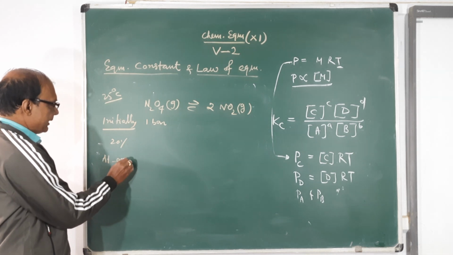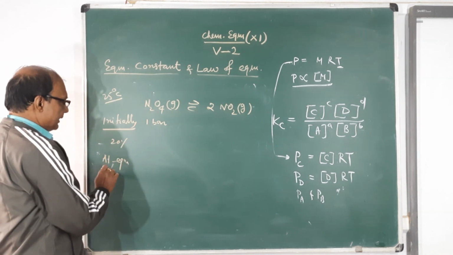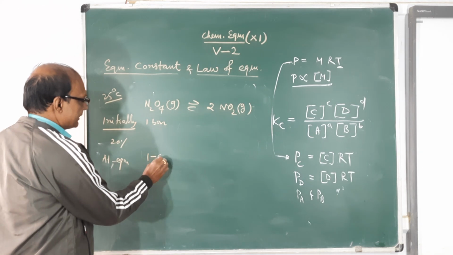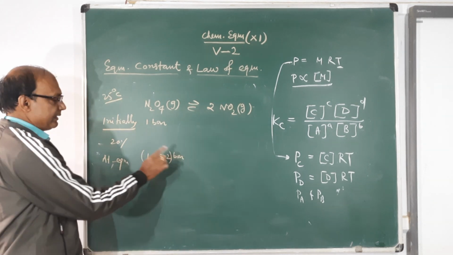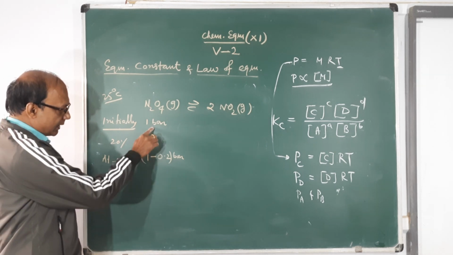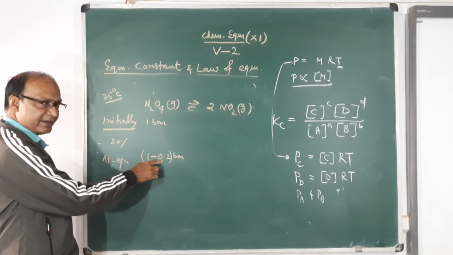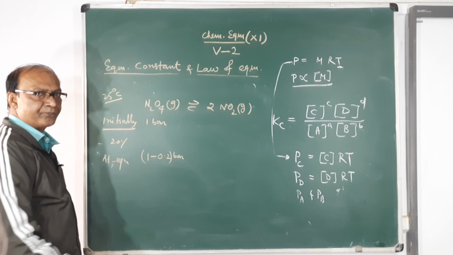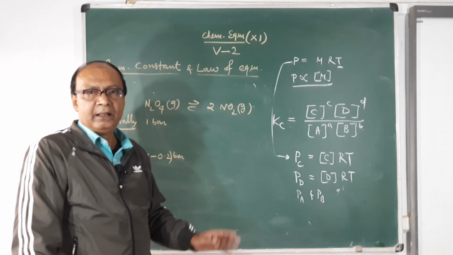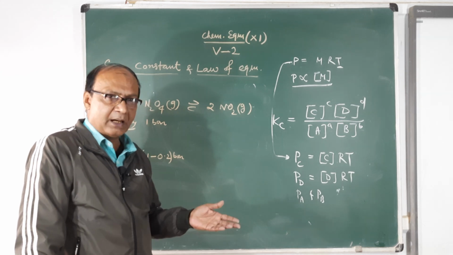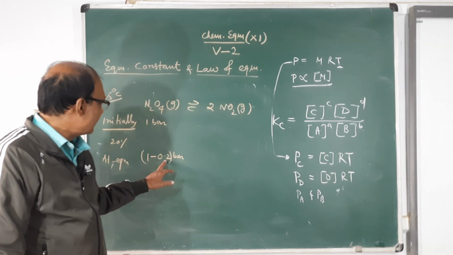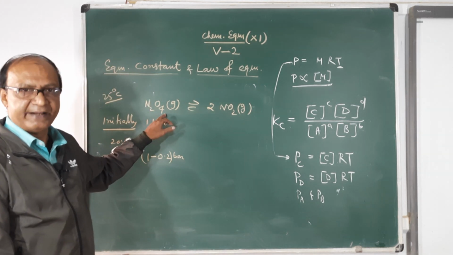So at equilibrium, 20% of 1 equals 0.2 bar, so 0.2 bar N2O4 has reacted.